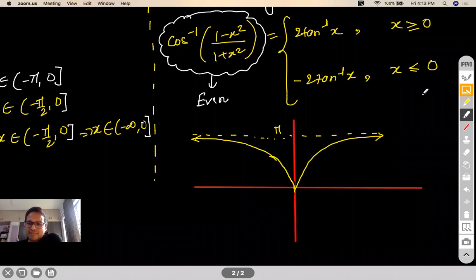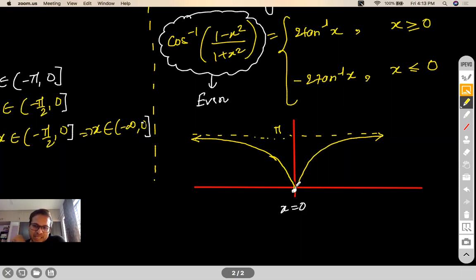Now let's quickly comment on the differentiability of the graph. I know I have not done this with you officially, but if you see at zero, this function will not be differentiable because there is a cusp getting formed over here. And you can easily find out that if you differentiate the left hand and the right hand part of the function at 0, one of them will give you the answer as 2, the other one will give you minus 2.